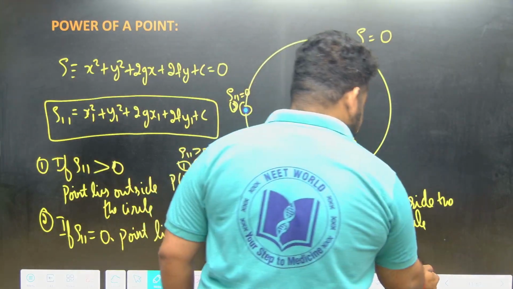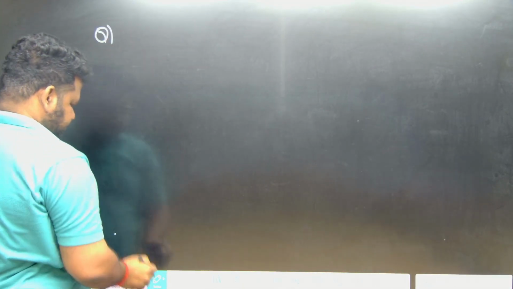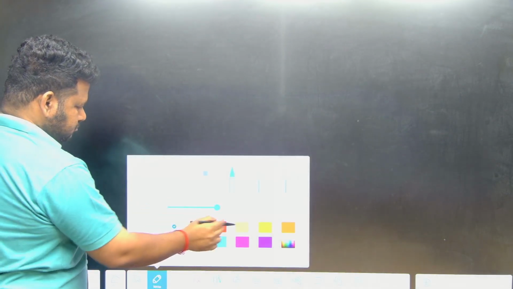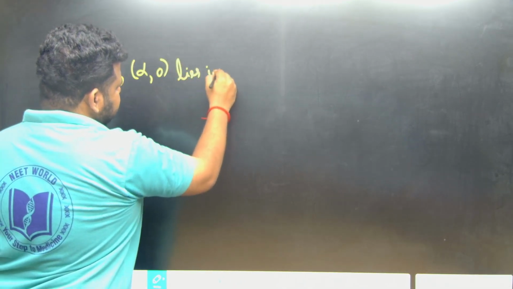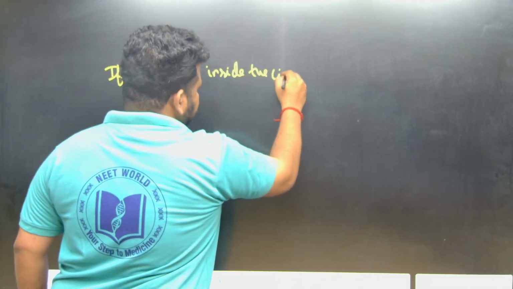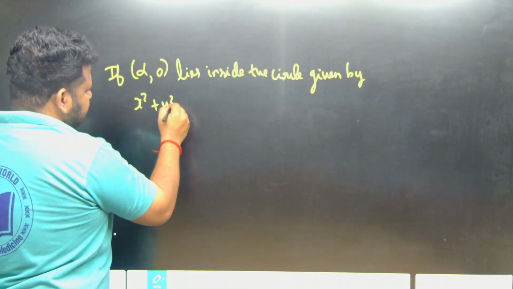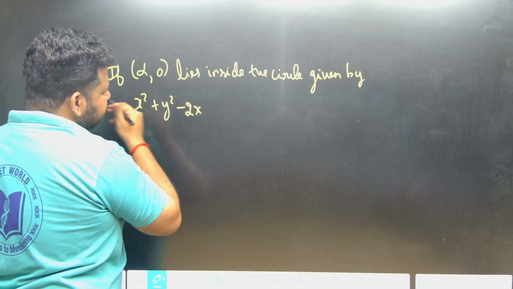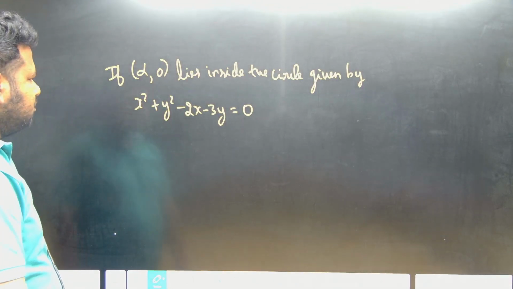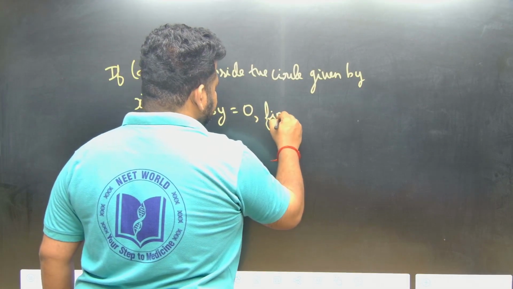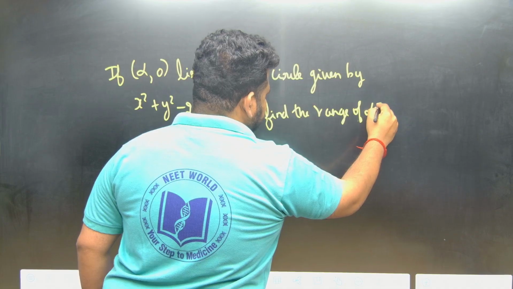See here, they have given: if (alpha, 0) is a point that lies inside the circle given by x square plus y square minus 2x minus 3y equal to 0, find the range of alpha.